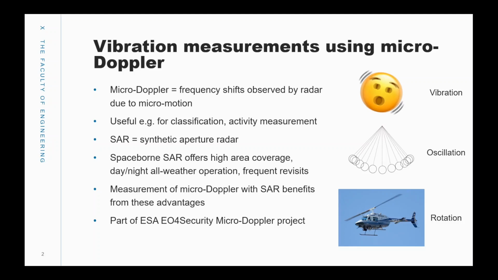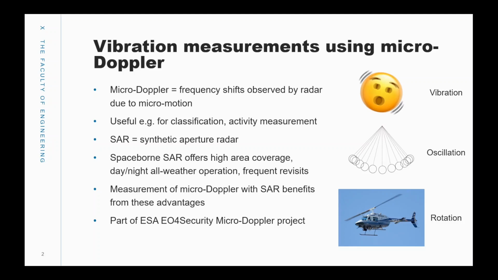A classic example of this is differentiating between radar measurements of drones and birds. They both have the same velocity and thus the same kind of bulk Doppler, but if you're looking at microdoppler, they're very different signatures. This is because drones will have very fast spinning propeller blades versus slow flapping birds.